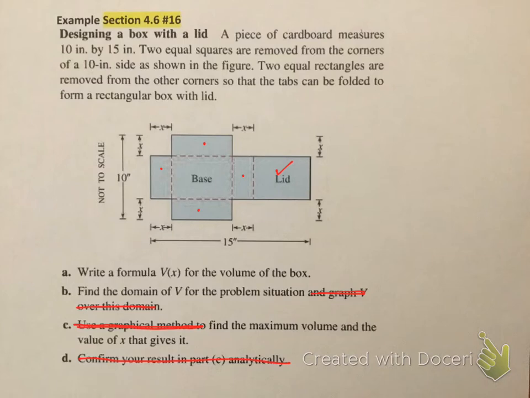So if we do exactly what they're asking us to do, what's the formula for the volume of the box? Find the domain of V, in other words, what can x be? And then find the maximum volume of the box and the value of x that gives that.